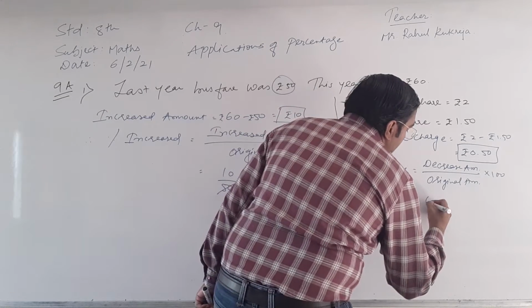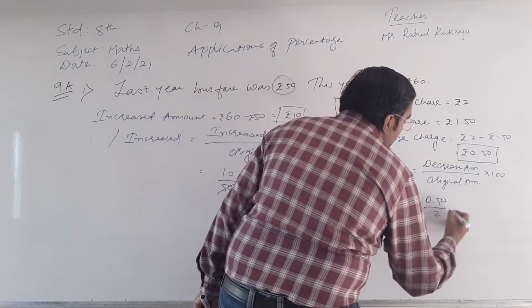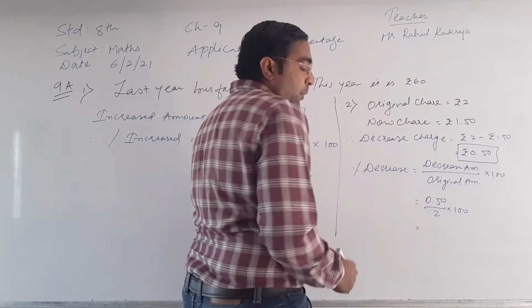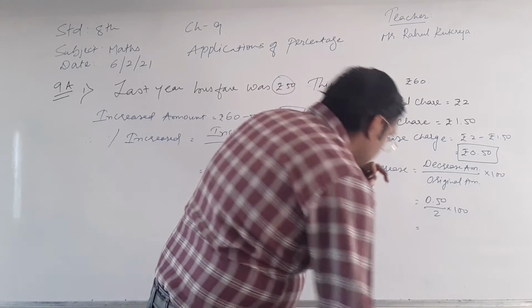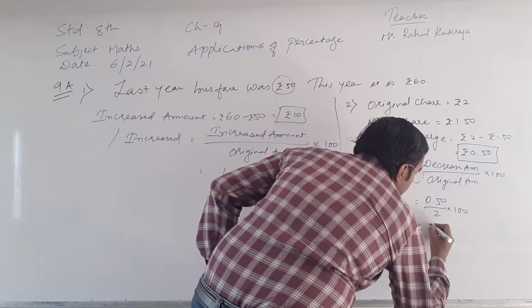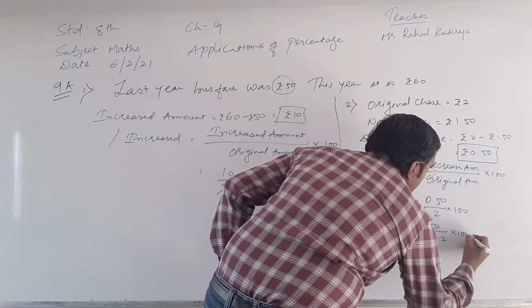So 0.50 upon originally 2 into 100. When I take the point off the 0.50, it shifts to the downside, so it will be 50 upon 100 into 2 into 100.